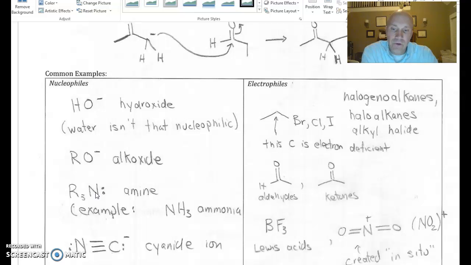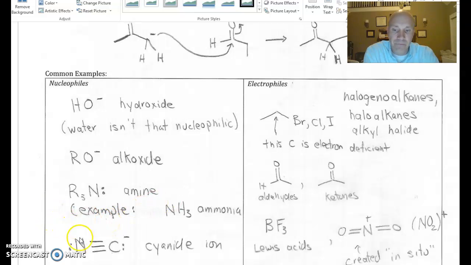The amine is nucleophilic when it's neutral because the nitrogen is not quite as electronegative as the oxygen, and so it tends not to pull the electrons quite as closely to it as an oxygen would, and that makes it a little bit more inclined to want to make bonds with other molecules.